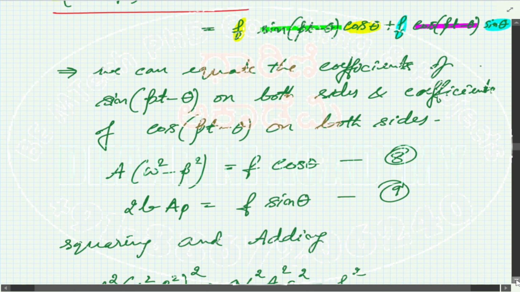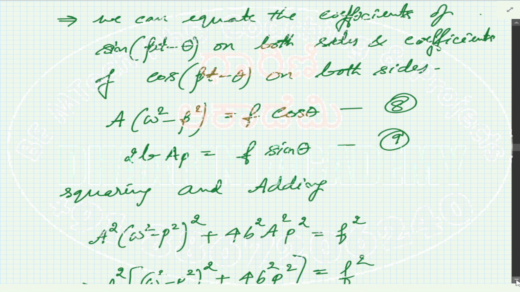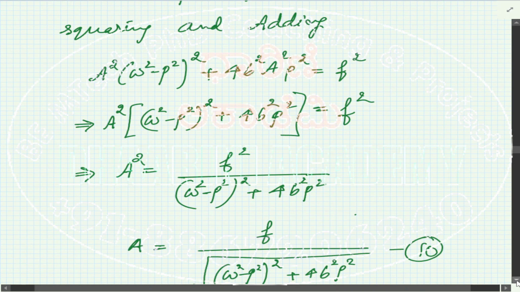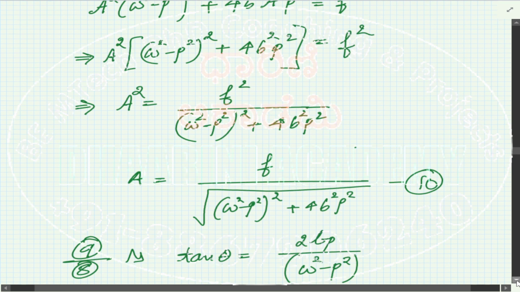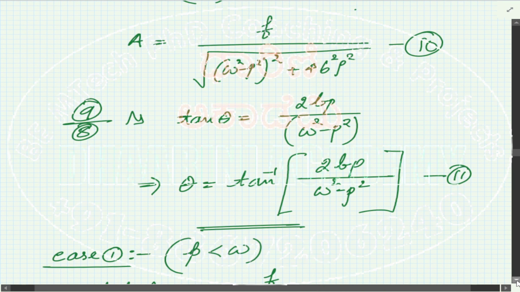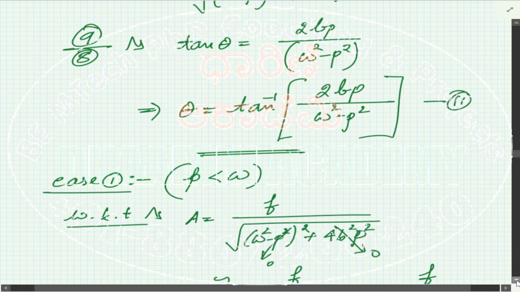So we get two equations, which we call equations 8 and 9. Then we square the two terms and add to get the value of a, and tan theta can be obtained by dividing equation 9 by 8. So a and theta are as follows.